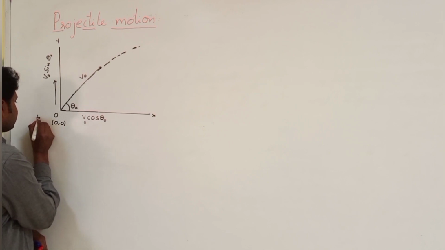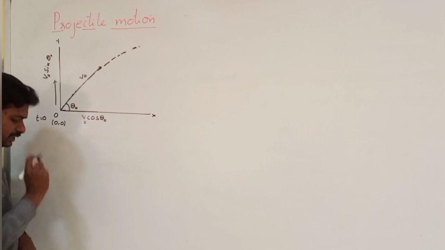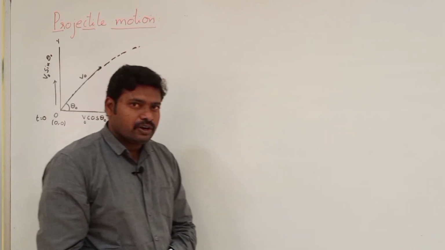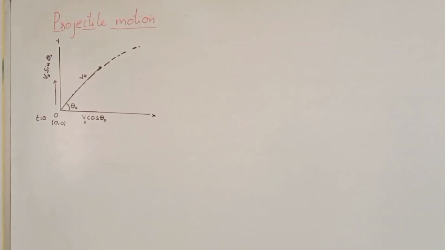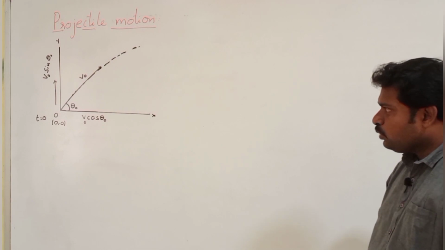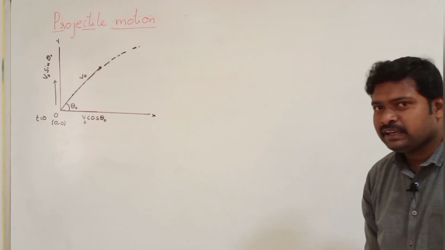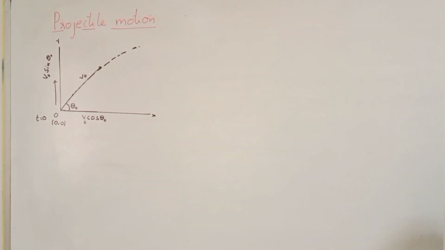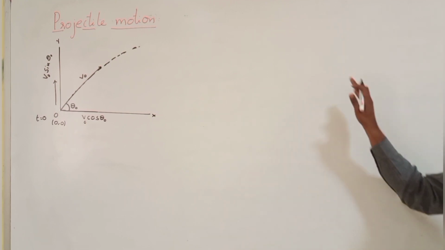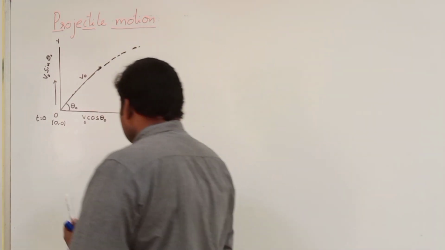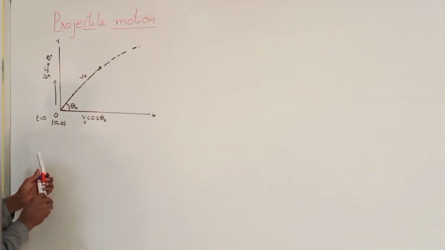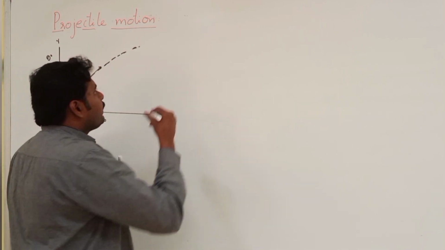At time t equal to 0, the initial coordinates of the projectile body are 0, 0. Right? Now we try to analyze the distances traveled in the x direction and y direction along the particular path in terms of time.